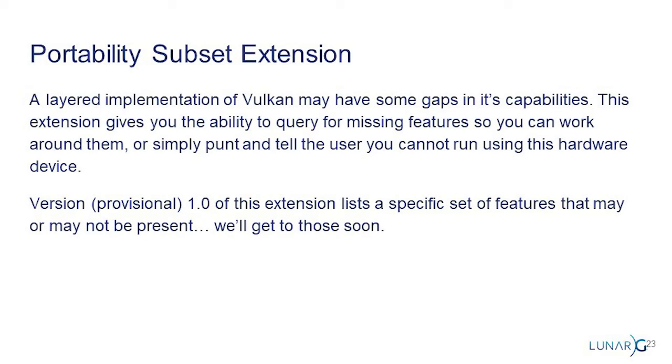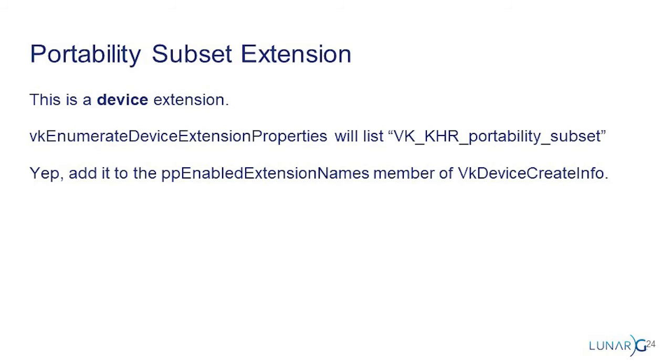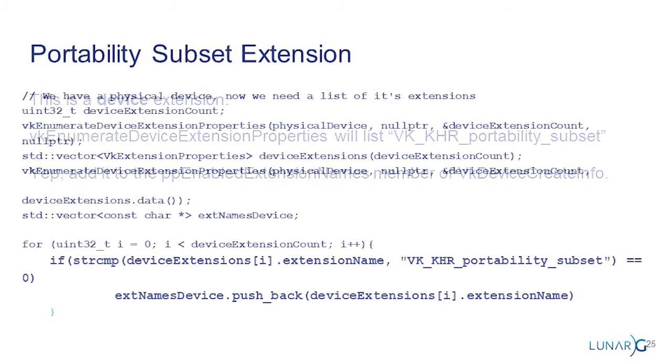How do you find out what's missing in this driver or what may be available? Because it could change from generation to generation of hardware and drivers. This is a device extension, so it's part of your create device. The extension you look for is KHR portability subset. And you have to add that to your list of extension names when you call device create info.